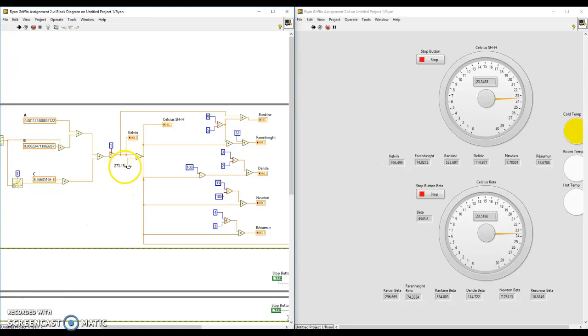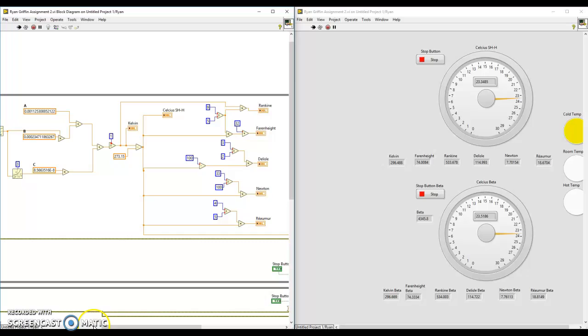Obviously, if you take away 273.15, that gives you Celsius. Again, through various math functions, you can break it down into the different SI units.